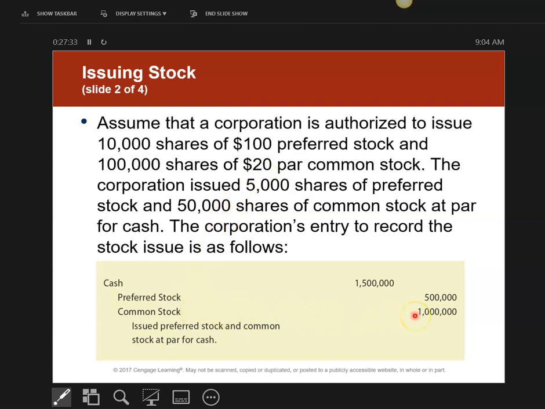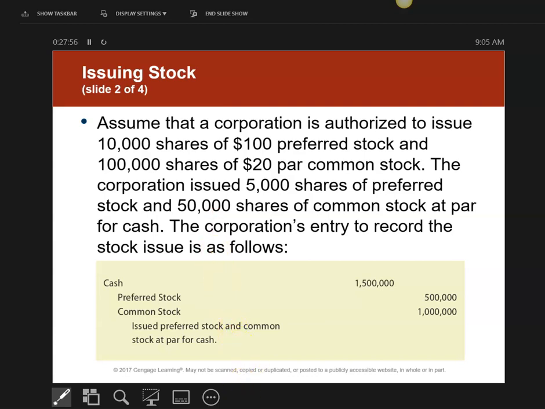So in the common stock account at all times, the $1 million represents the number of shares times the par value. If I only knew that it was $1 million in my common stock and I had a $20 par, I could figure out 50,000 shares. Very, very important.